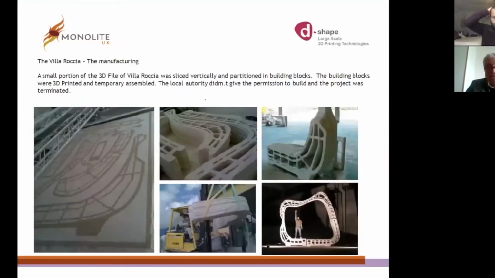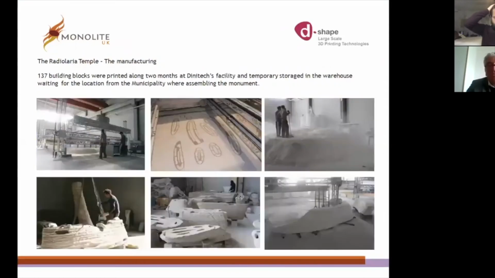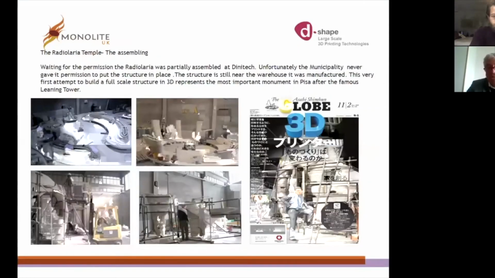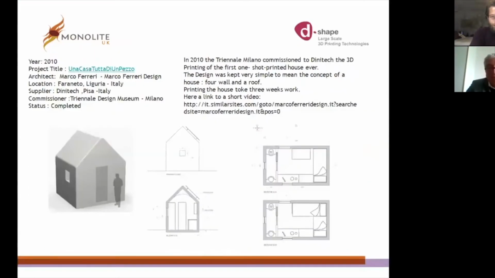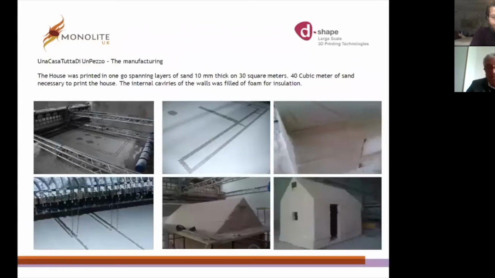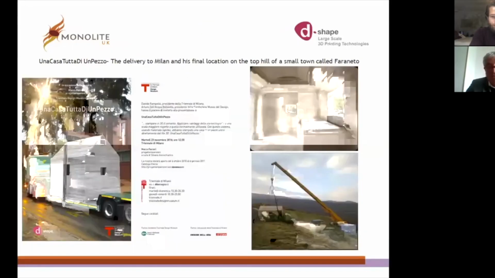What is missing is printing homes in 3D, eventually in Austin, Texas, because in Italy I never succeeded in doing much more than making a tiny home, like the one you see in the middle of nowhere.